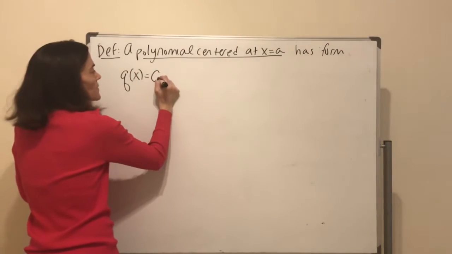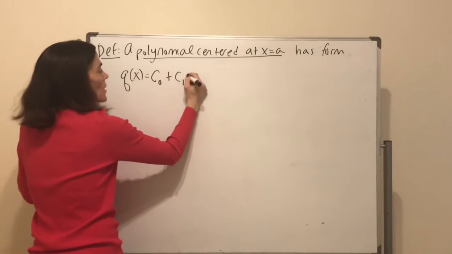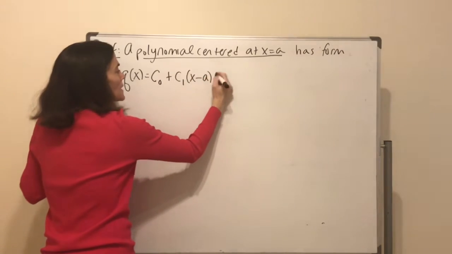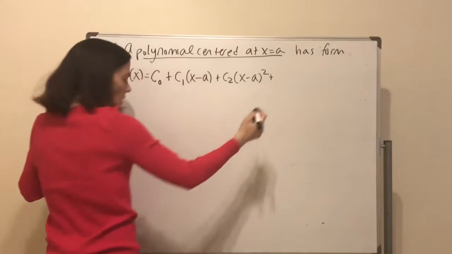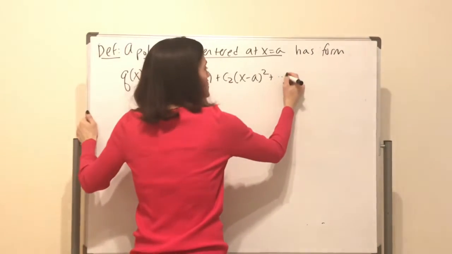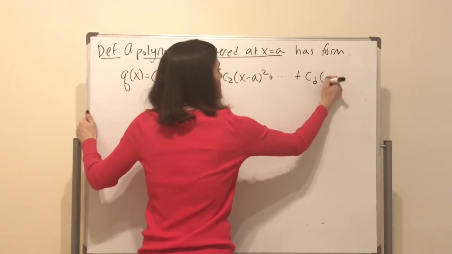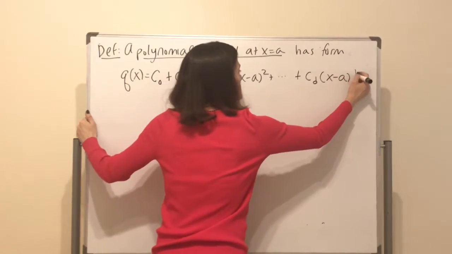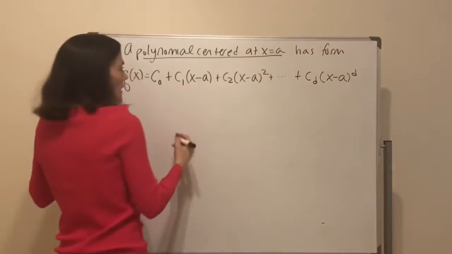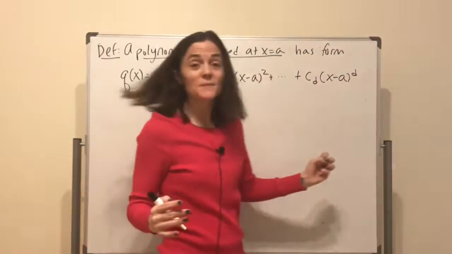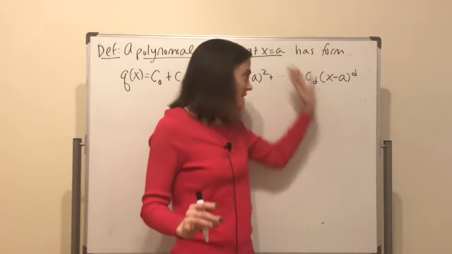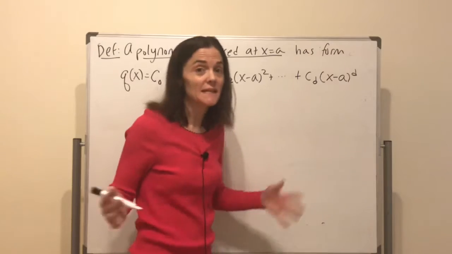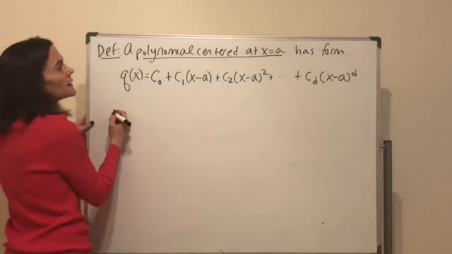So this will be, for example, c0 plus c1 times (x minus a) plus c2 times (x minus a) squared, all the way out to, if it's degree d, c_d times (x minus a) to the d. Okay, where this c sub d, this coefficient, is not equal to 0, then this would have degree d, just like the last one.